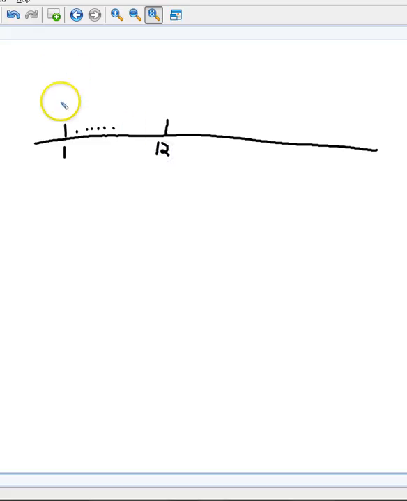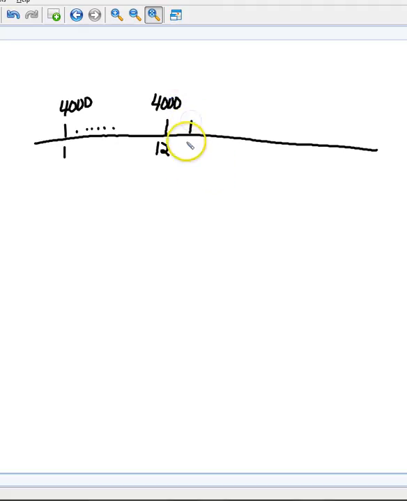Let's see if we could draw that out. Here's your 1, and then we got a bunch of years, and then here's your 12. So he's going to get $4,000 for the first 12 quarters.